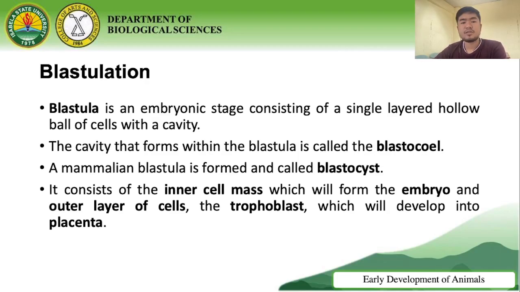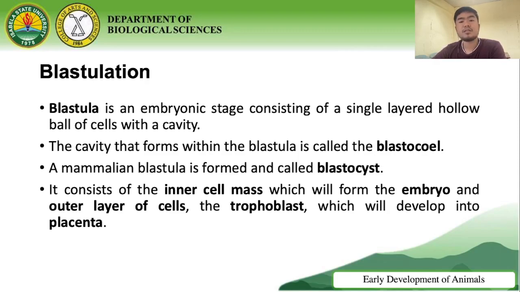So, this blastula is a single layer hollow ball of cells with a cavity. Ibig sabihin, sa loob walang laman. And the cavity that forms within the blastula is called the blastocoel.